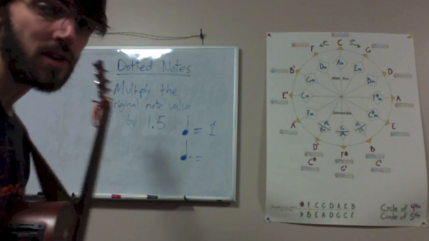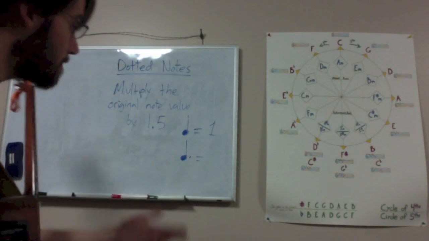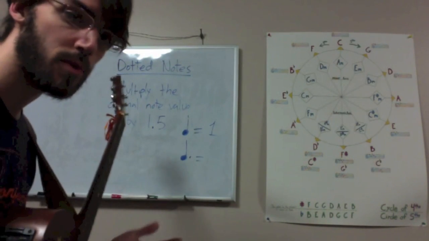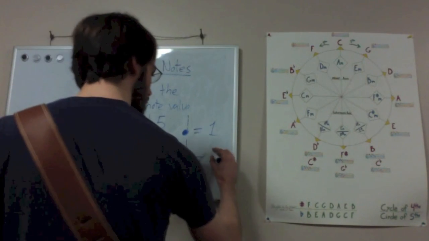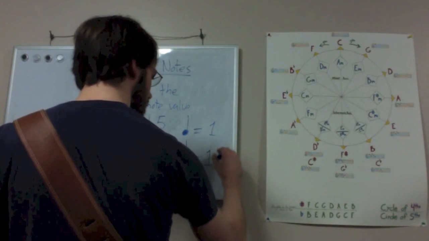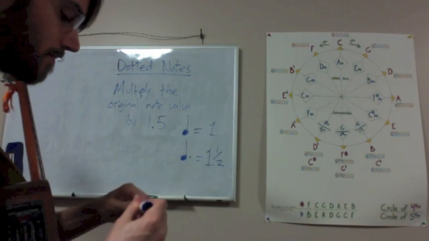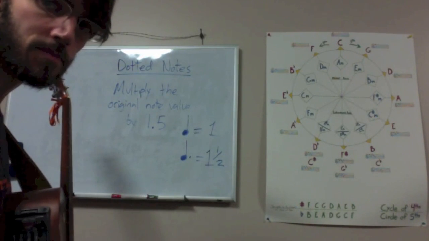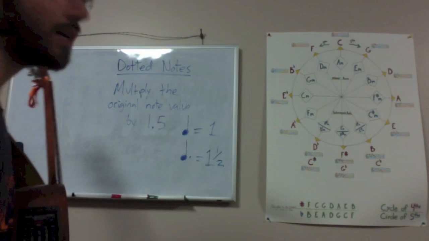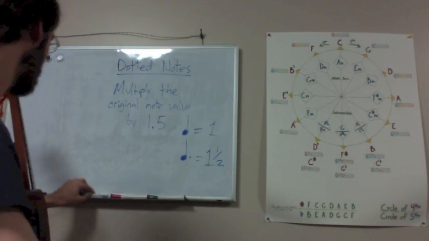Anything times 1 is itself, so 1 times 1.5 is 1.5. Or in terms of beats, you could say that it takes up 1.5 beats. Pretty cool, right?